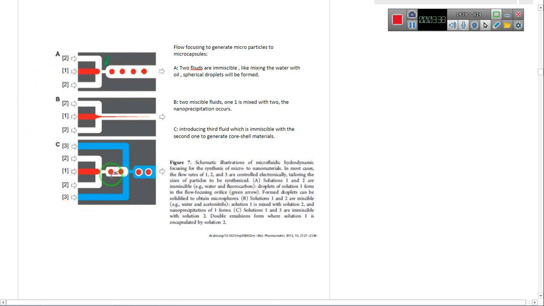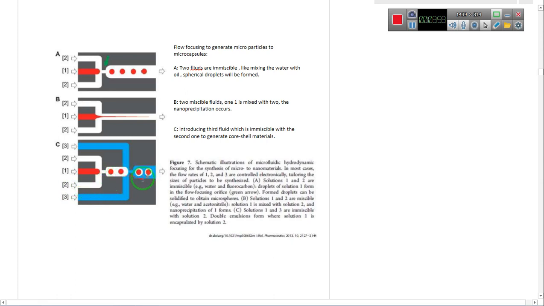We can have the cores and the shells around it if we introduce three fluids. For example, just consider these two fluids are immiscible, and the third fluid is immiscible compared to the second fluid, the blue and the white one, I mean.